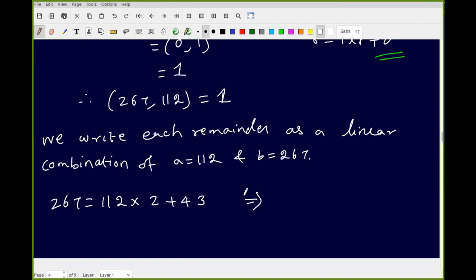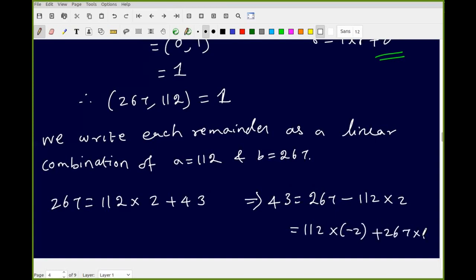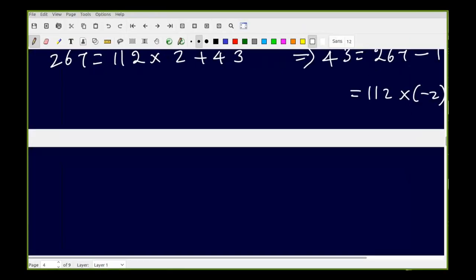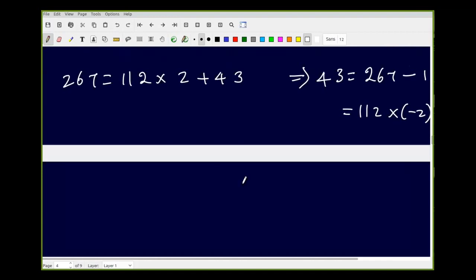Okay, from this equation, the remainder 43 is written as 267 minus 112 into 2. Here it is 112 multiplied by minus 2 plus 267 into 1. So the second remainder is 26, which is obtained while dividing 112 by 43.